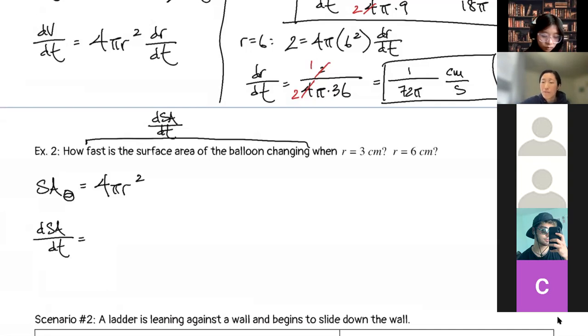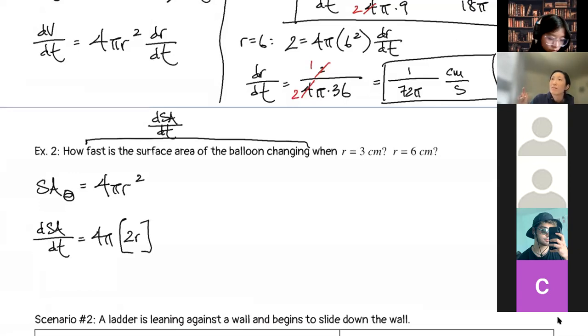So I need a derivative here. 2r, no, that is not correct. Any other guesses? 4 pi times 2r. Okay, so we're going to take the constants, move them to the front. Then the derivative of r squared is 2r.